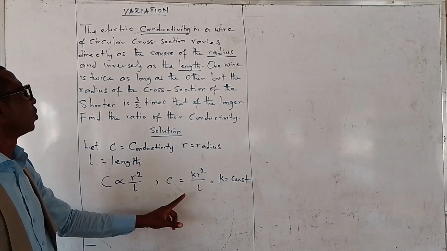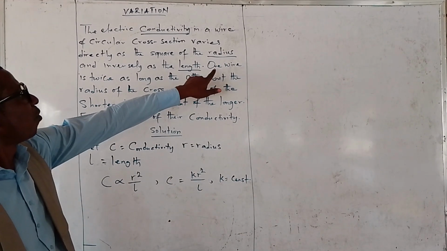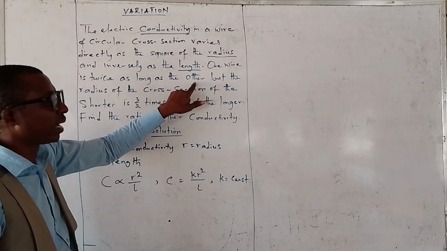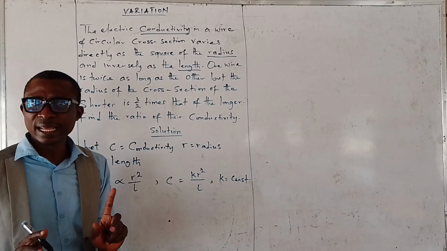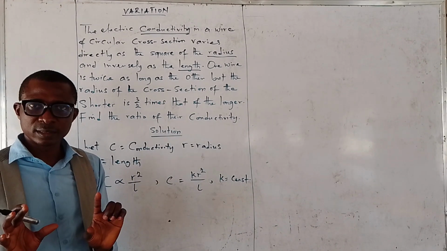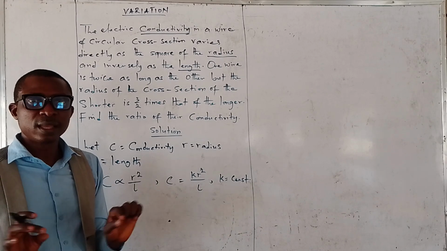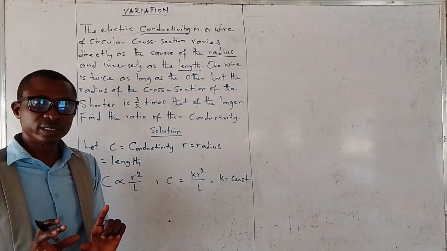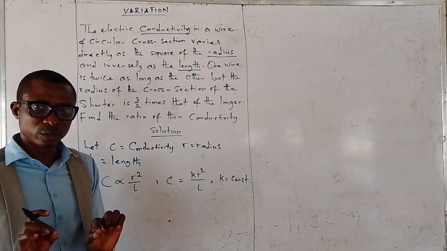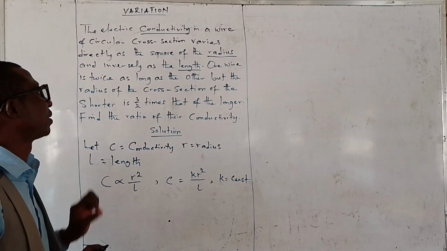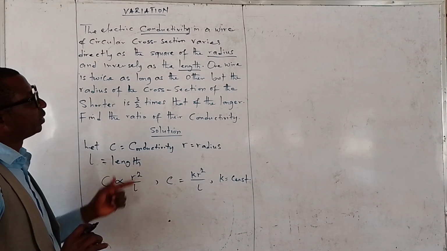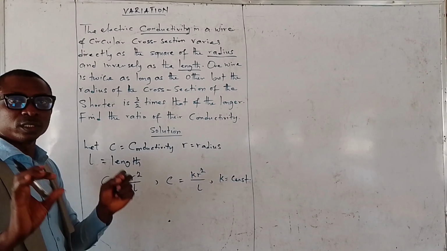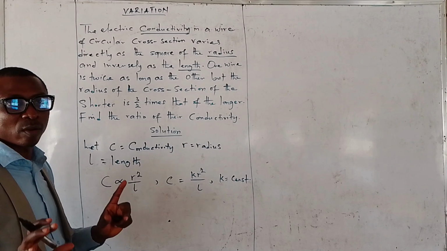So now let's move on. One wire is twice as long as the other. That gives me an idea that we have two wires, a longer wire and a shorter wire, and each wire will have its conductivity and its radius. So I need a symbol to represent the parameters of the shorter wire and the longer wire.